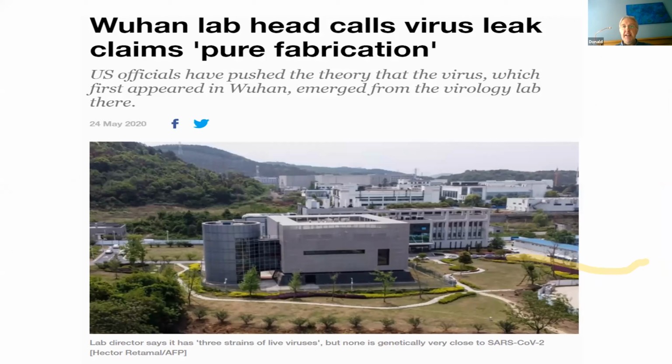This building is the Wuhan specialist virus laboratory in China. It's in the city of Wuhan, not near the market, but in the same city. So some immediately said, this is where the virus came from, that it escaped from this laboratory, through either careless scientists or a deliberate escape from this lab.